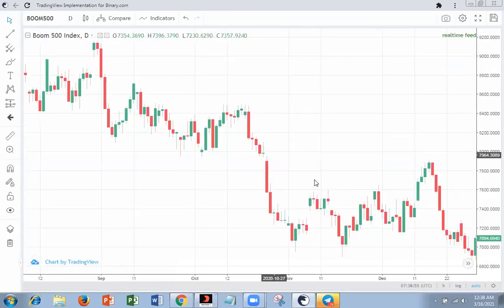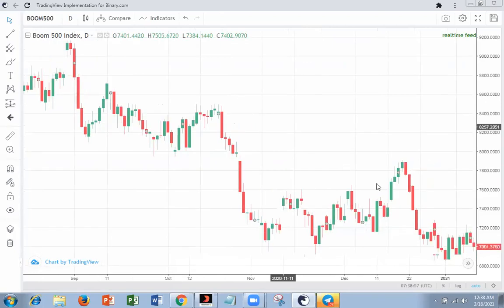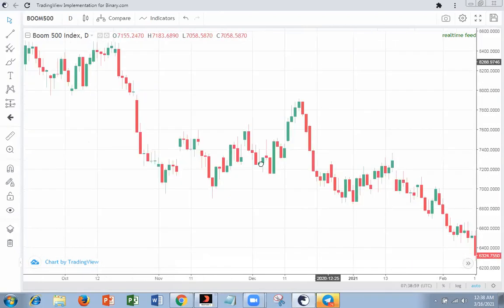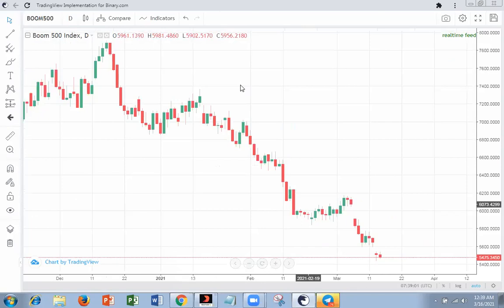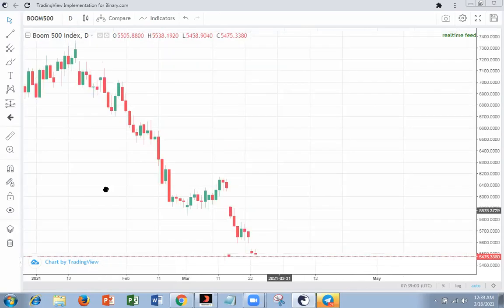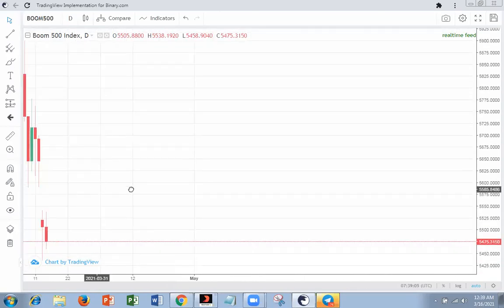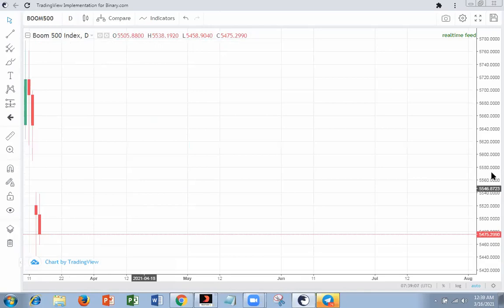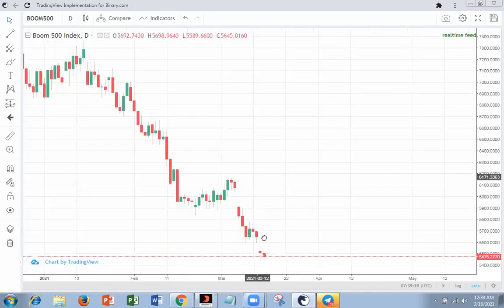Now, the interesting thing about TradingView is that you can move your charts with ease. You can even move your chart to the left, upward or downward.